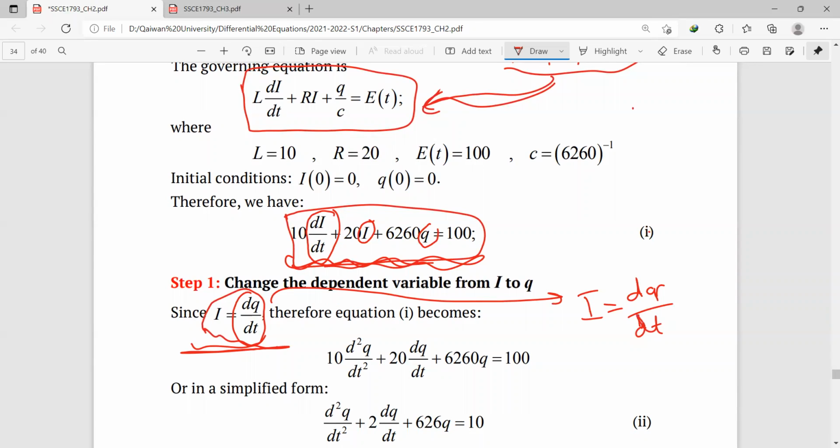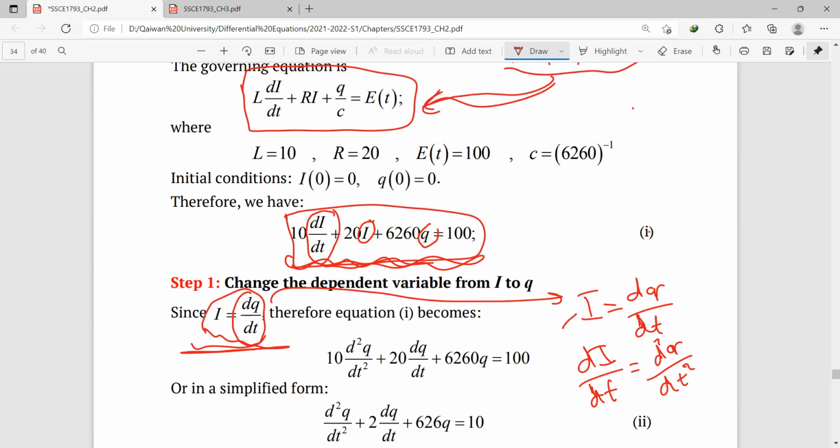If we find the derivative of both sides with respect to t, the left-hand side becomes di by dt, and the right-hand side, taking the second derivative, becomes d squared q by dt squared.